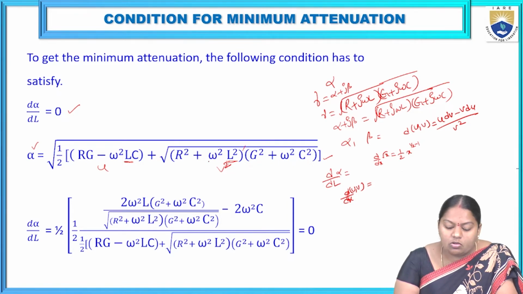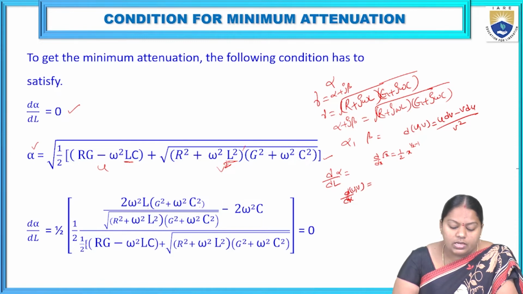Because omega square is a constant, and if you are differentiating this with respect to L, d by dl of L square means 2L. Hence it is 2 omega square L into the total thing g square plus omega square c square, divided by the denominator, that is under root of r square plus omega square L square into g square plus omega square c square. So this total thing is given by 1 by root x.